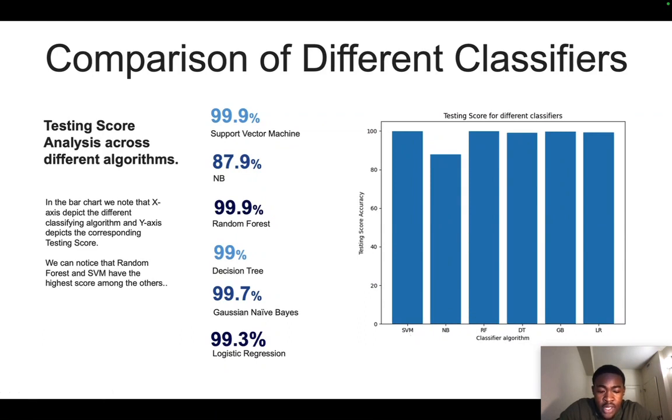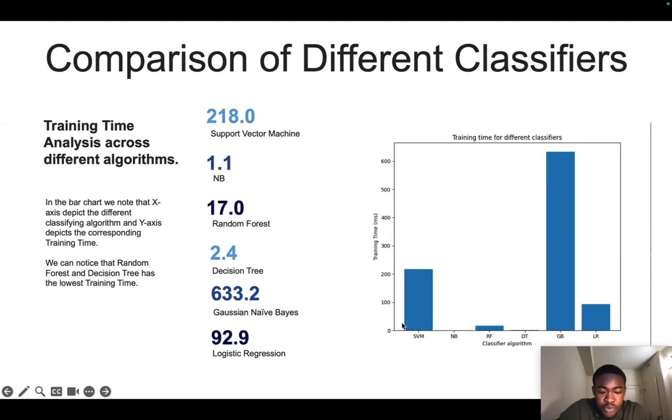Testing score is a depiction of how well the model fits the test data, similar to training score. Here we see that the random forest and SVM still have the highest score. The training time is the total time the model takes to learn from training data.